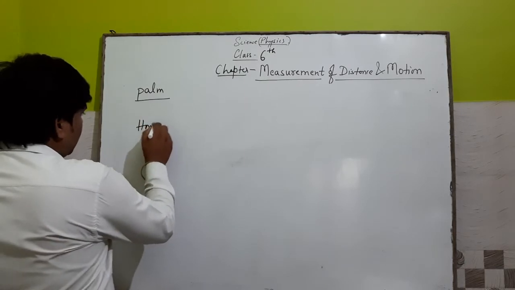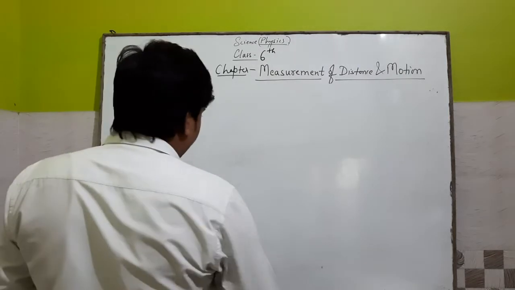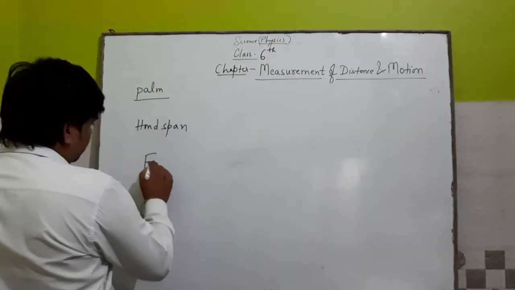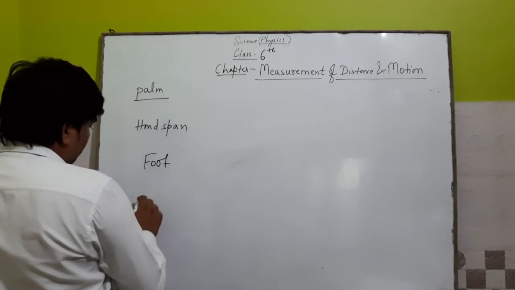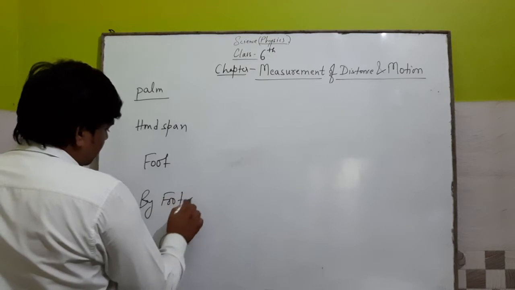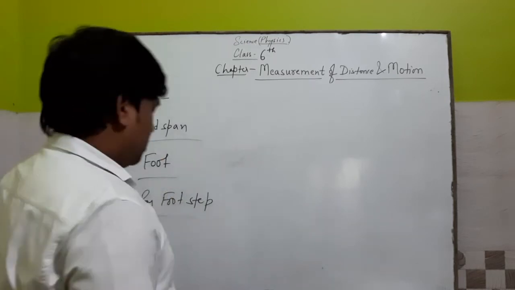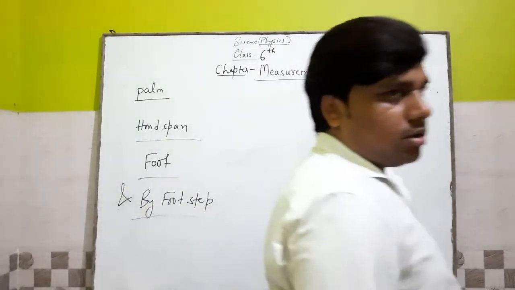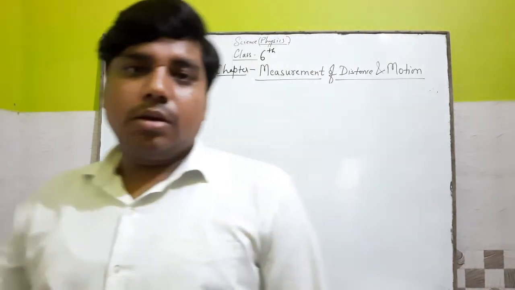Second one is hand span. Third one is foot and by foot step. These are the measurement units in that time.